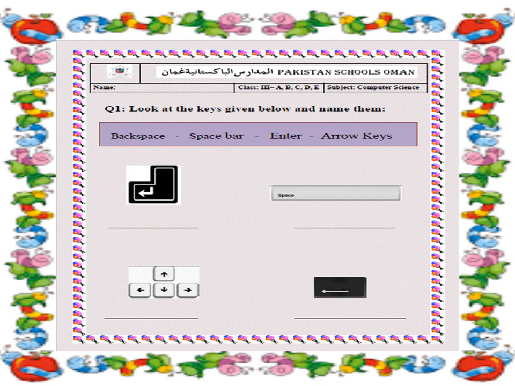The options are backspace, spacebar, enter and arrow keys. After that, you can see on your screen there are 4 key pictures, and you have to label them, and on the next slide you can get the answer key for that. Best of luck students to fill it up.